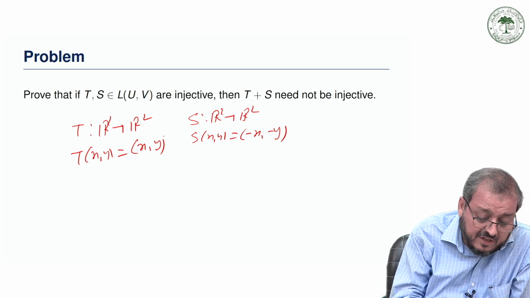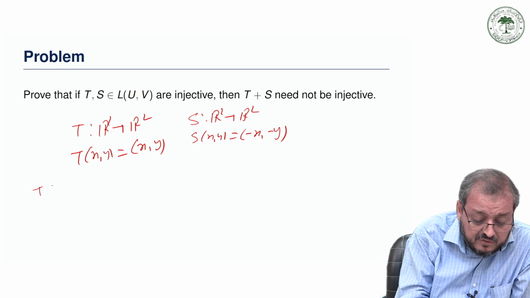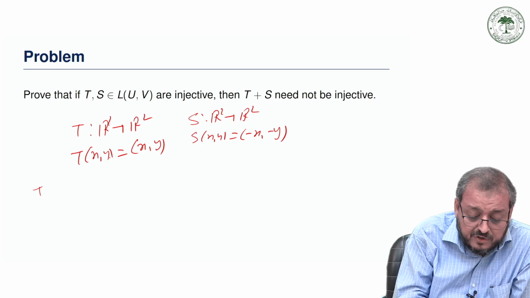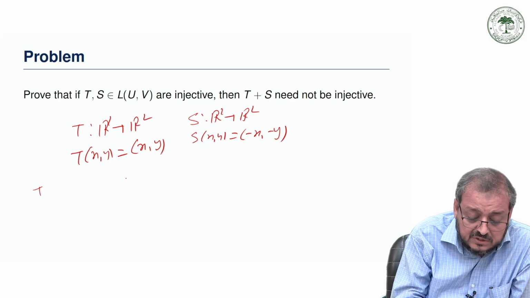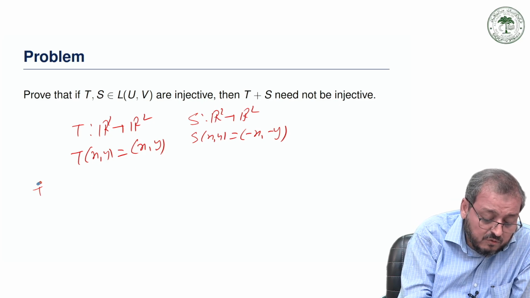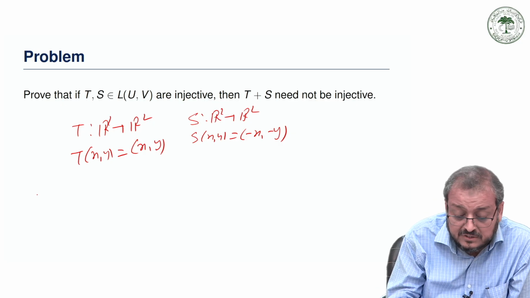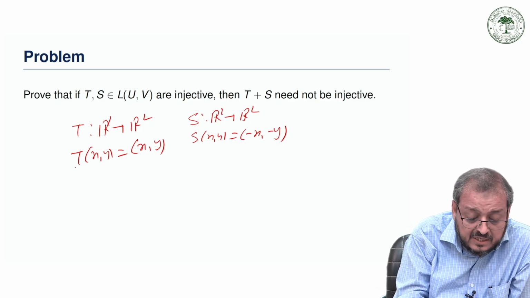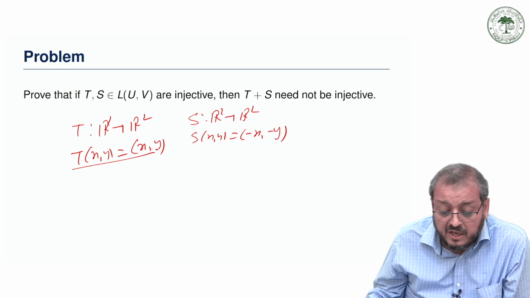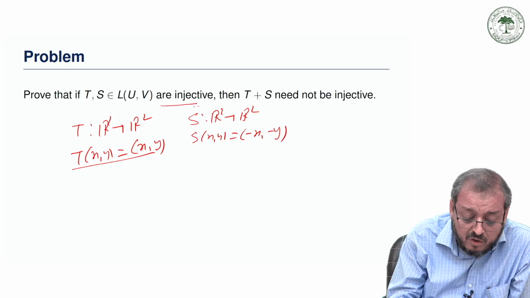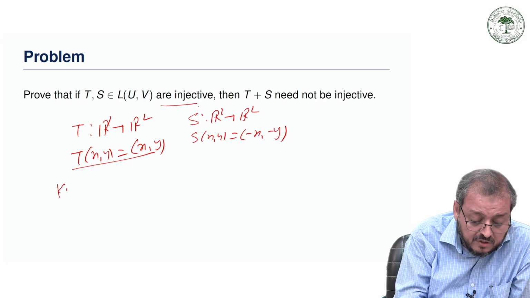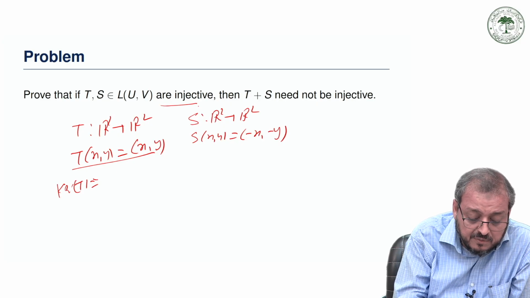We can easily verify that T is linear. Now we have to check whether this is one-one or not. What is the kernel of T?